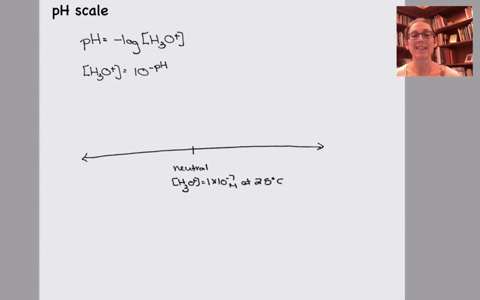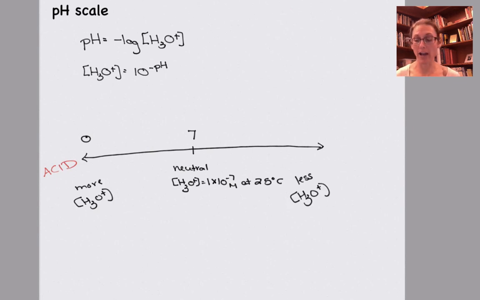Well, if I take the negative log of 1 times 10 to the negative 7th, that gives me a pH of 7. If my hydronium ion concentration is larger than that, so if I have more hydronium ion, then my pH becomes a smaller number. If I'm in a basic solution, my concentration of hydronium is going to decrease, and that will make my pH rise.